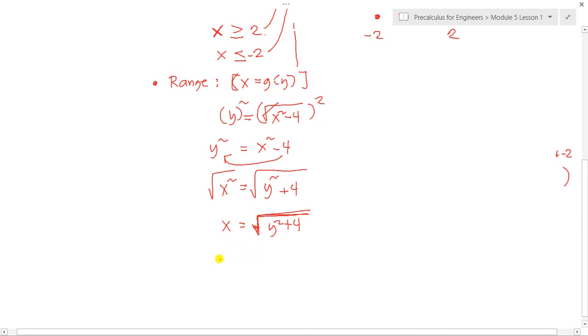So here, ang ato ding value sa atong y should not be here y squared plus 4. The expression inside this radical sign should not be less than 0. So it must be greater than or equal to 0. Should not be less than 0. Must be greater than or equal to 0. So nakuha ra?